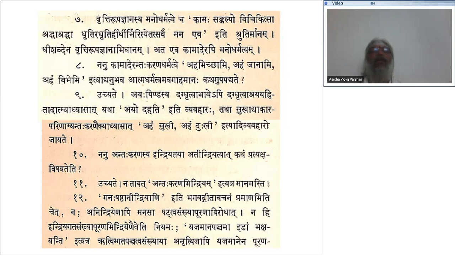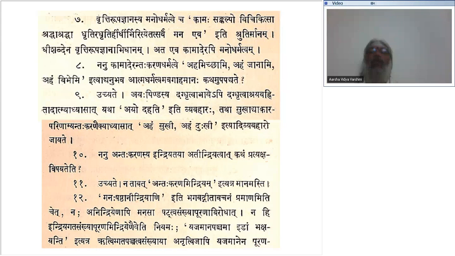Okay? So that's what here he says, Nanu Kamadehe Antakarana Dharmatve Aham Ichchami, Aham Janami, Aham Bibhemi, Ityadi Anubhavaha Atma Dharmatvam Avagahamanaha Katham Upapadyate. So Katham Upapadyate means how do you explain this? How do you come to this conclusion? It is inexplicable.